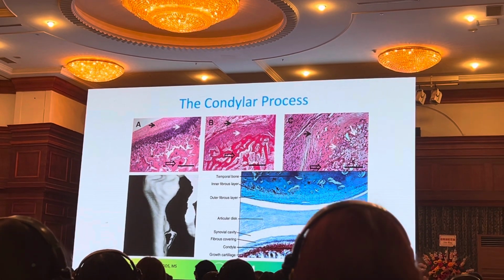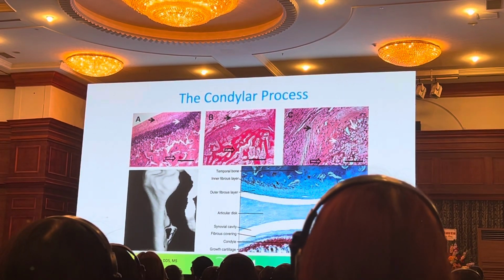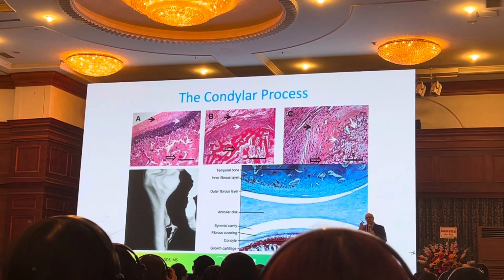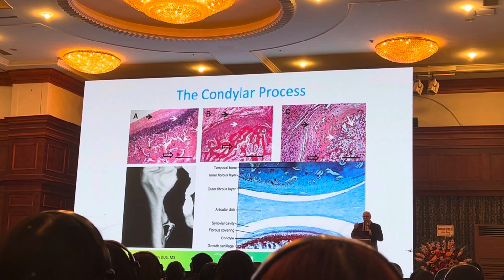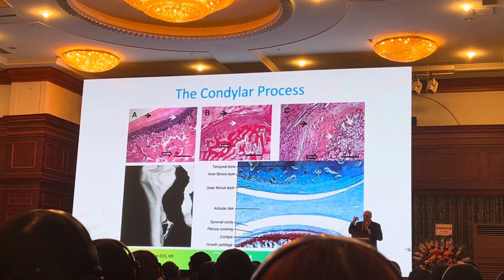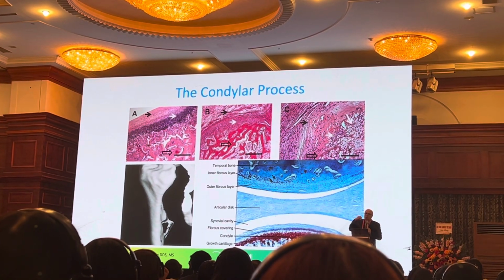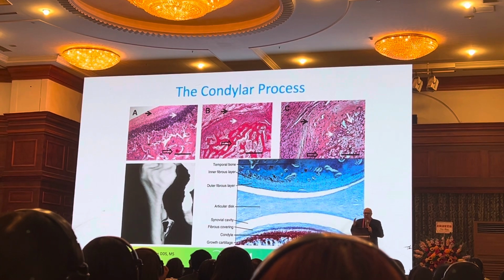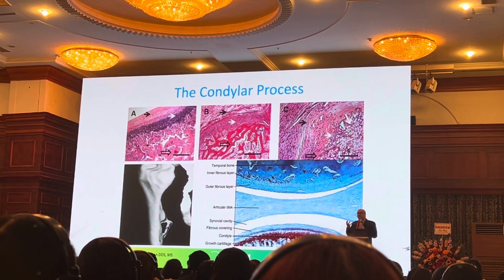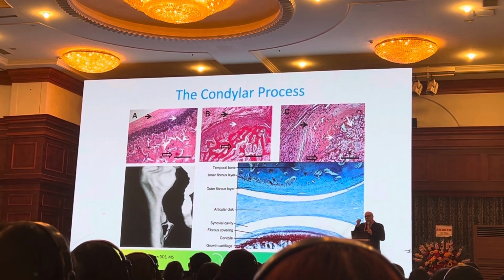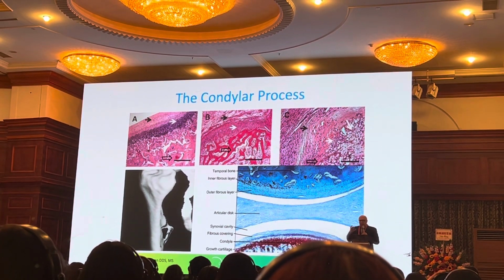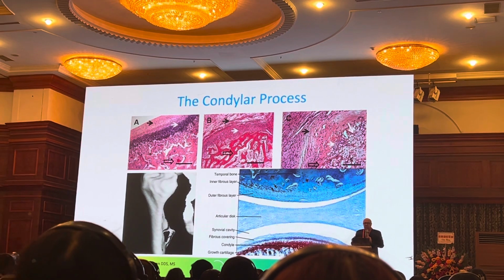And the cartilage on the condyle is very interesting. It's different from some other cartilage structures because it's always forming, it's always growing, it's always adapting through life. So it seems like nature understands that the condyle is fully in motion all the time.